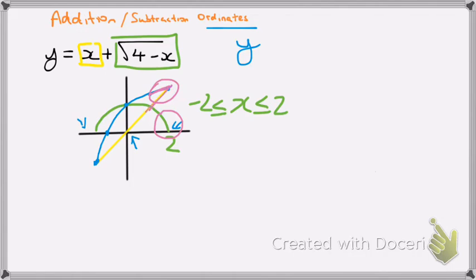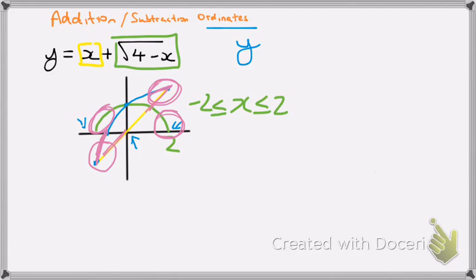All I know is that I'm adding something to it, so it should be above it, and I should get very close to it because this circle gets close to 0. Exactly the same analysis at this end: I'm adding the circle to the line, the circle is getting smaller but it's positive, so the blue curve should be above the line, but getting very close to it. Those are the kinds of analytical tools that we need to be able to use for this topic.